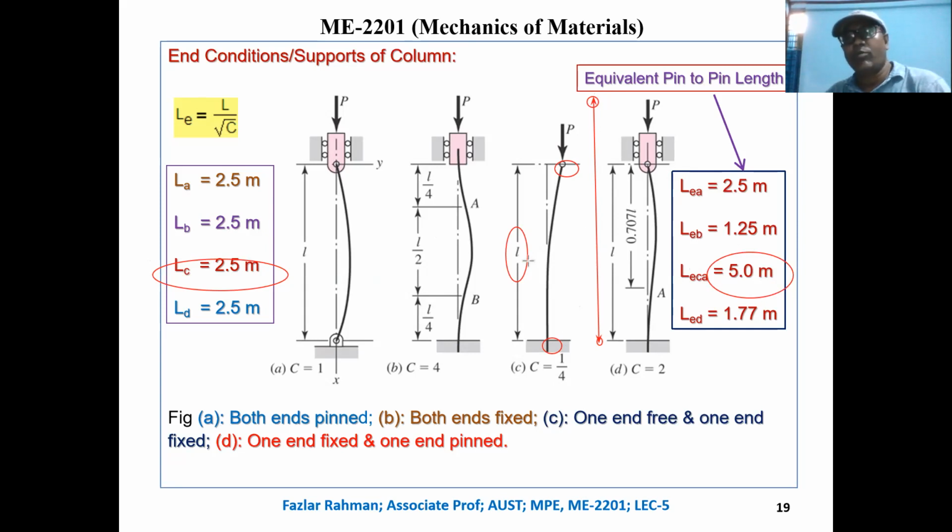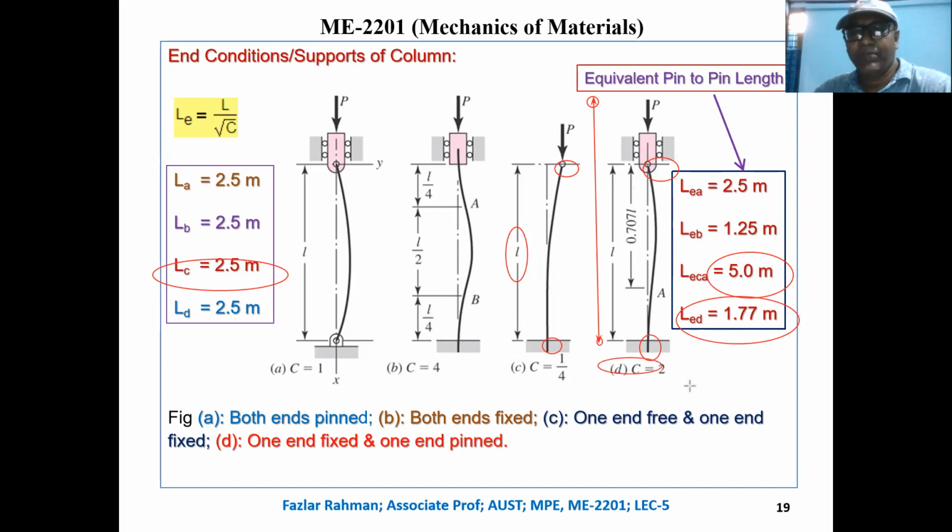That means a one end free, one end fixed column you are converting into a pin-to-pin column by using the end condition formula. Similarly, this end is pin, this end is fixed, and you will get the load for only this much equivalent length.